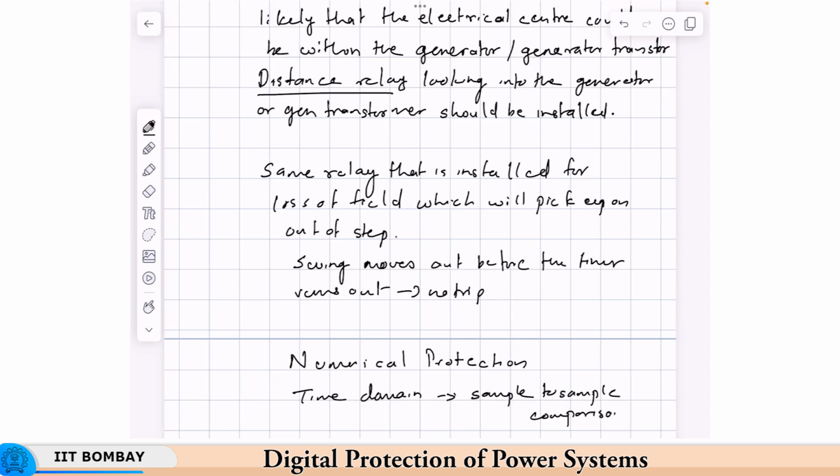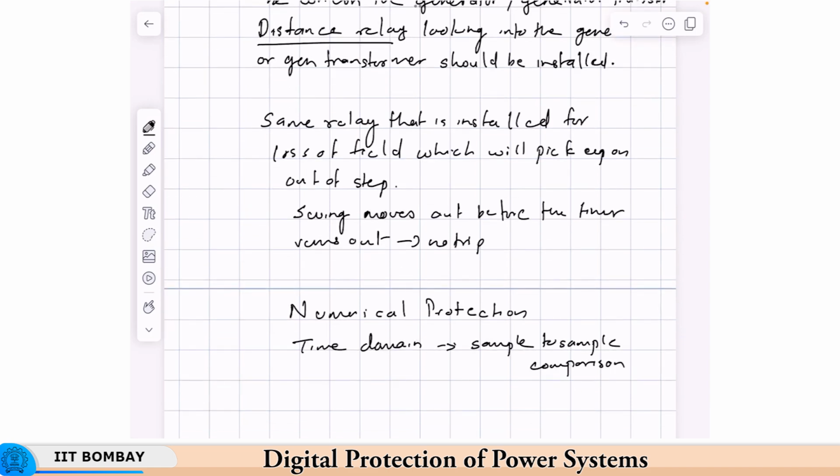However, here there is a danger of maloperation if accuracy is compromised and you desire a very fast operation in quarter cycle or so. It is generally based on a pooling method. If the difference in the samples persists for a certain number of pooling cycles, only then a trip will be issued. So, there will be a slight delay, but you will gain in accuracy.